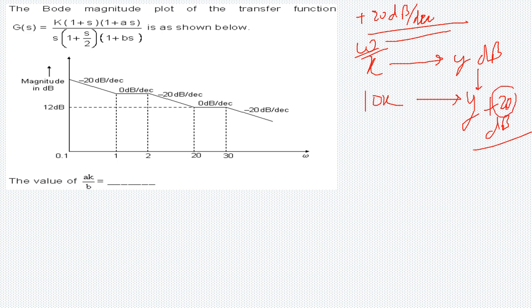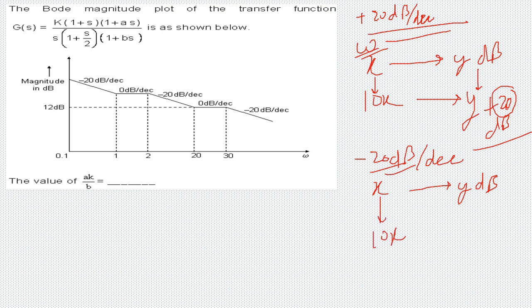So 20 dB is added for every 10 times increase in frequency. Similarly, for minus 20 dB per decade, if the frequency goes from x to 10x, the gain goes from y to y minus 20 dB. This you have to remember.